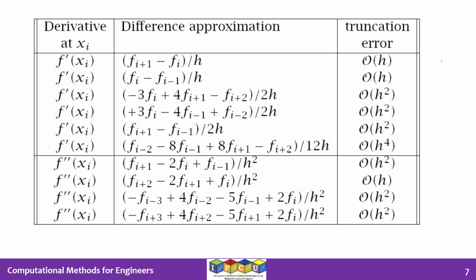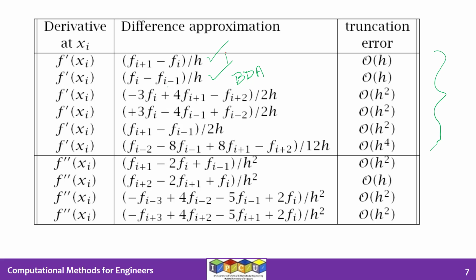A sample list of expressions for finding out the first derivative at x is equal to xi is given here. You will notice that this is a forward approximation, FDA. This is a backward approximation because it uses i and i minus 1. So this is backward difference approximation, BDA.